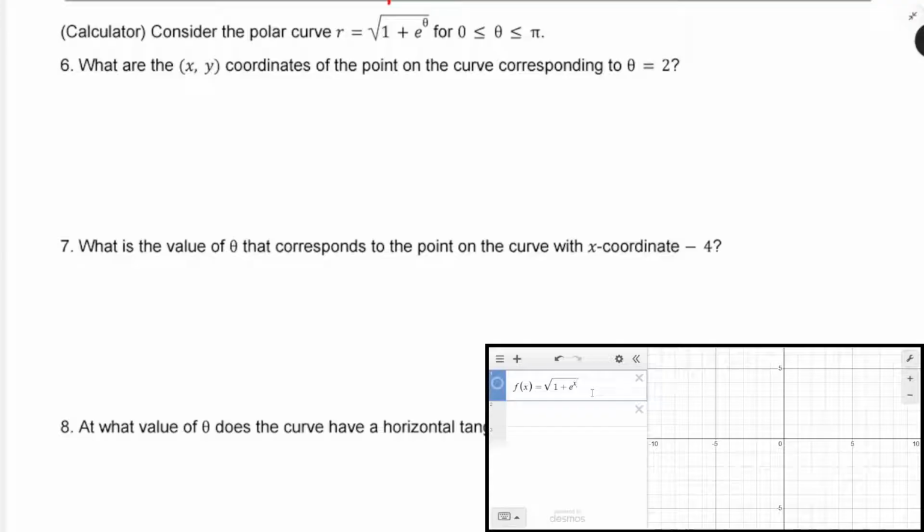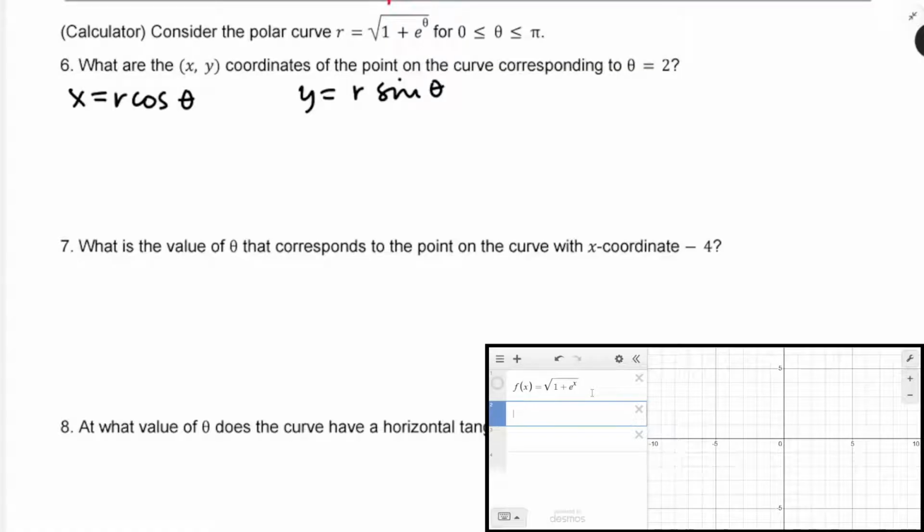All right, and then what are the xy coordinates of the point on the curve corresponding to theta equals 2? Okay, well this is just kind of a calculator thing, right? I need x and y. x equals r cosine theta, y equals r sine theta.